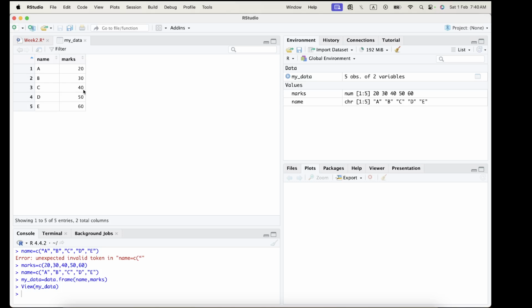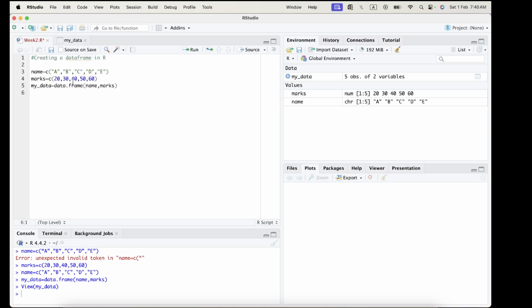So I have been discussing how we can create a data frame in R, and this is one of the ways to do it. First we specify the columns that we want, and then just use this data.frame command, and in a comma separated manner we write out the columns that we want in our data frame.